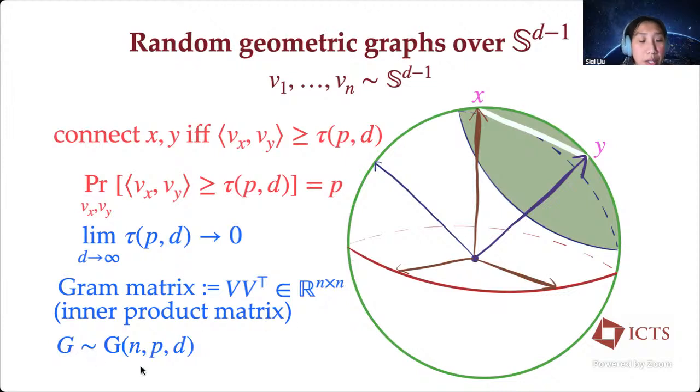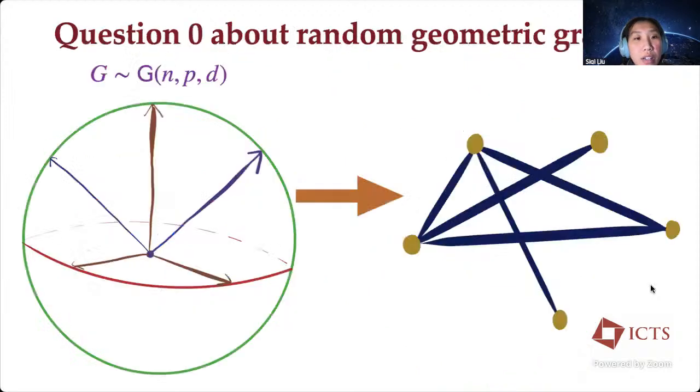In the rest of the talk, we'll use the notation G(n,p,d) to denote this random geometric graph over the unit sphere in dimension d with edge probability p. The first question we'll consider about this random geometric model, a very natural question, is: when can we detect the underlying geometry of the graph?